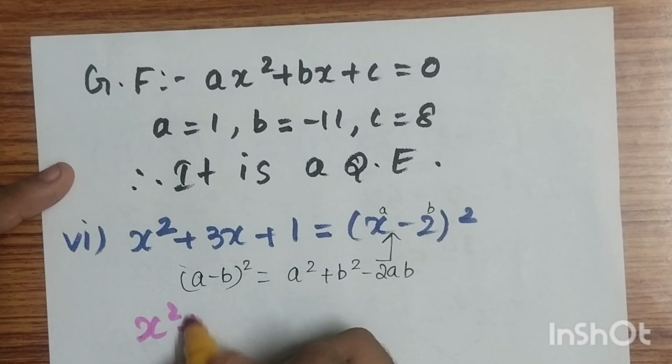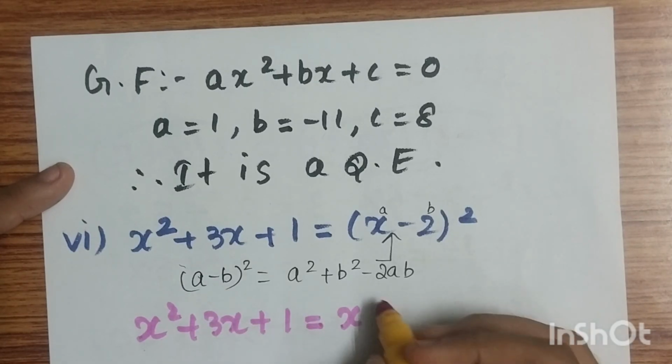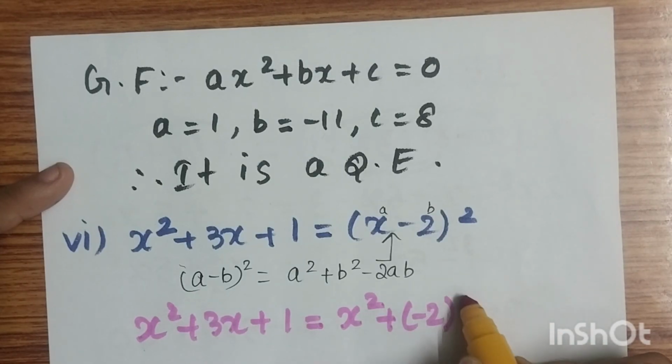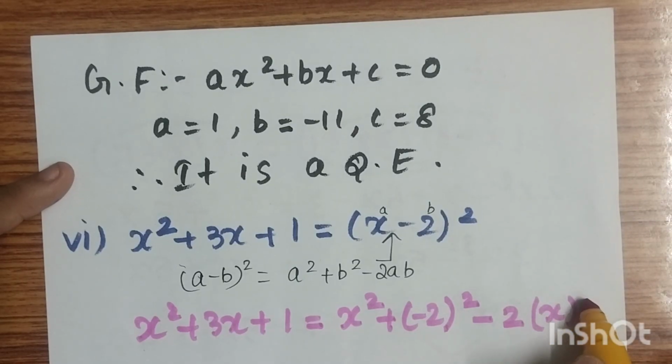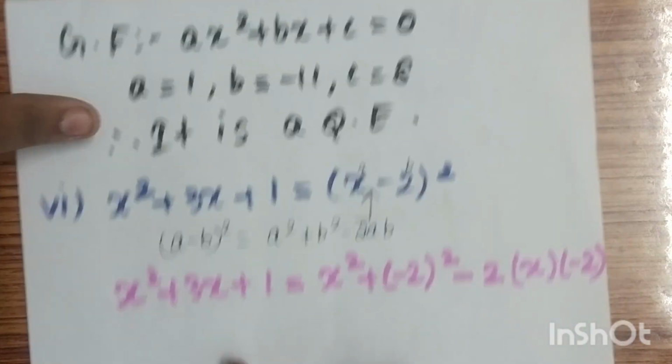X square plus 3x plus 1 is equal to x square plus minus 2 the whole square minus 2 into a is x and then b is minus 2. Okay, just substitute in this formula.